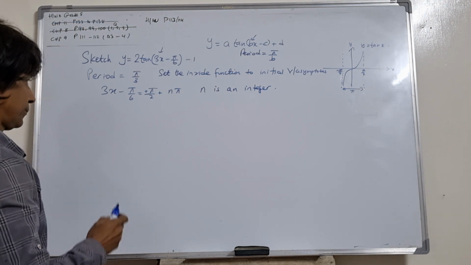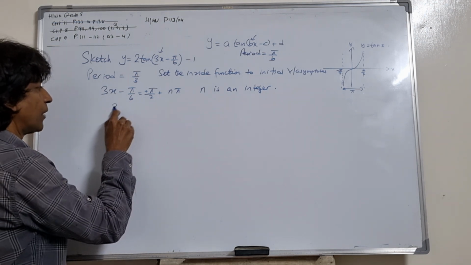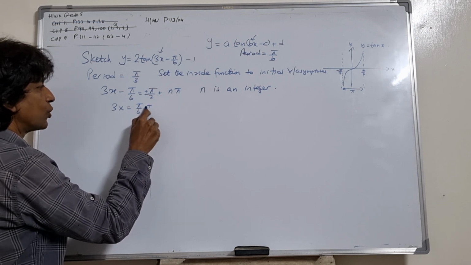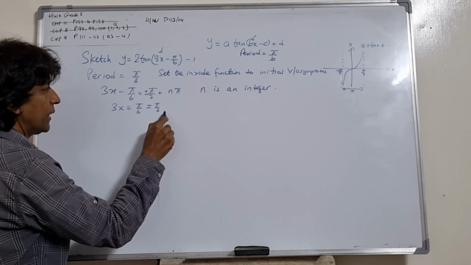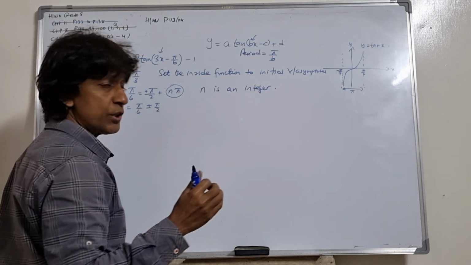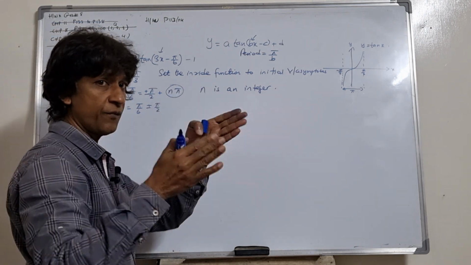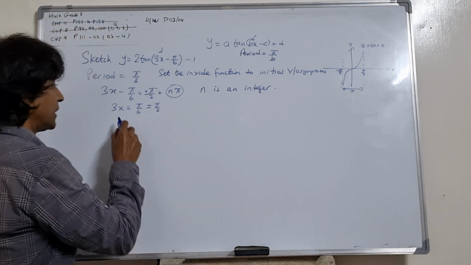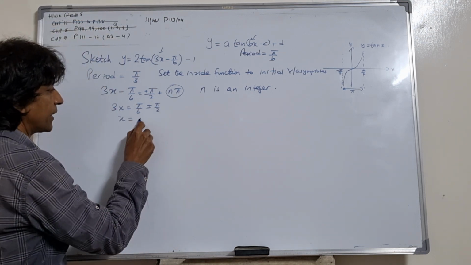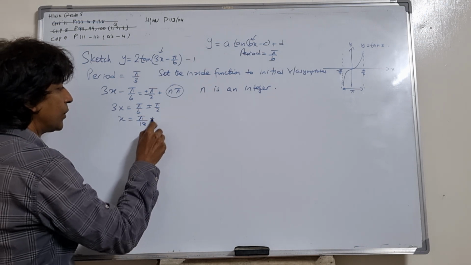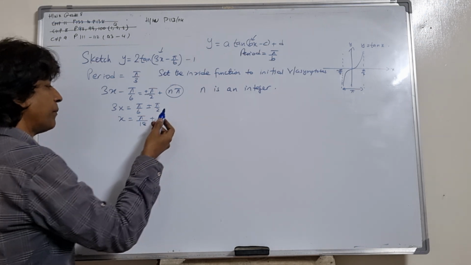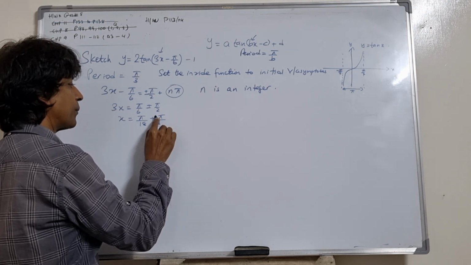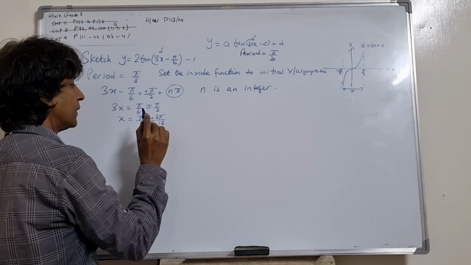And from here, we can try and solve this. So we have 3x is equal to π/6, plus or minus π/2. We're not going to be needing the nπ for the time being because we're just trying to sketch the graph between the first two vertical asymptotes. So I'm going to ignore this for the time being. And so now we have x, if we divide by 3 on both sides, π/18, plus or minus, over here it's going to be π/6. Now π/6 is the same as 3π/18.